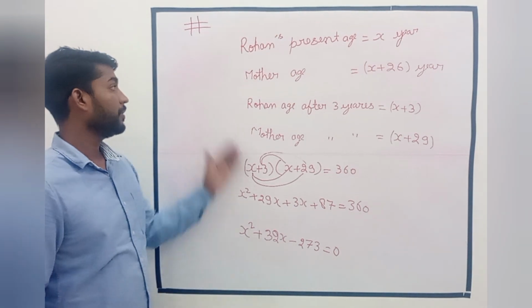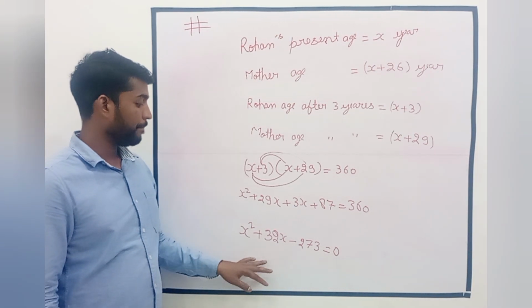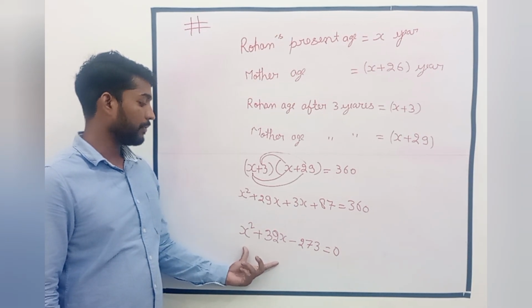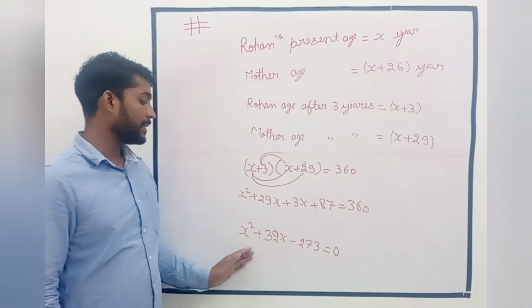This is the quadratic equation formed by this concept, and this equation represents Rohan's present age.